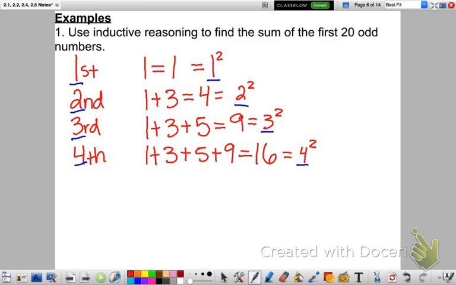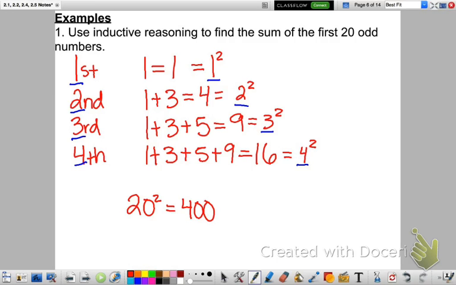If we need to find the sum of the first 20 odd numbers, I would predict that it would be 20 squared, which is 400. This is an example of using inductive reasoning to solve a problem.